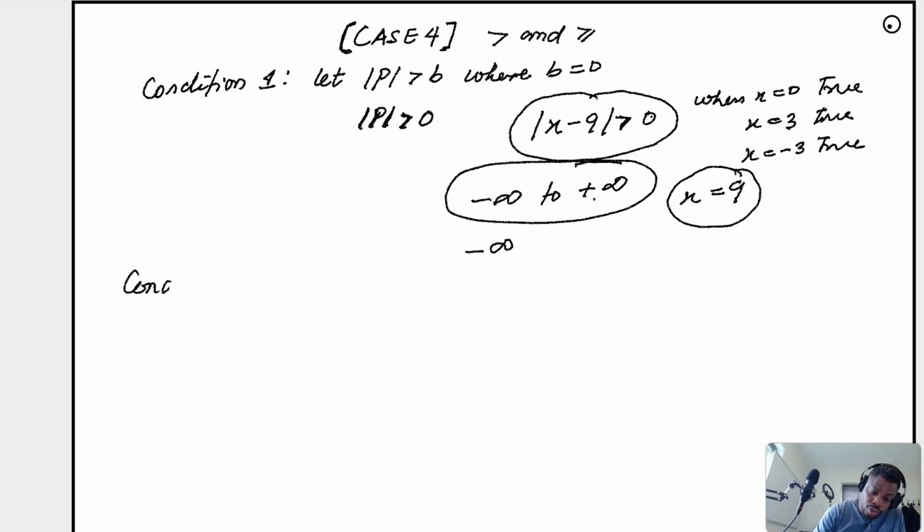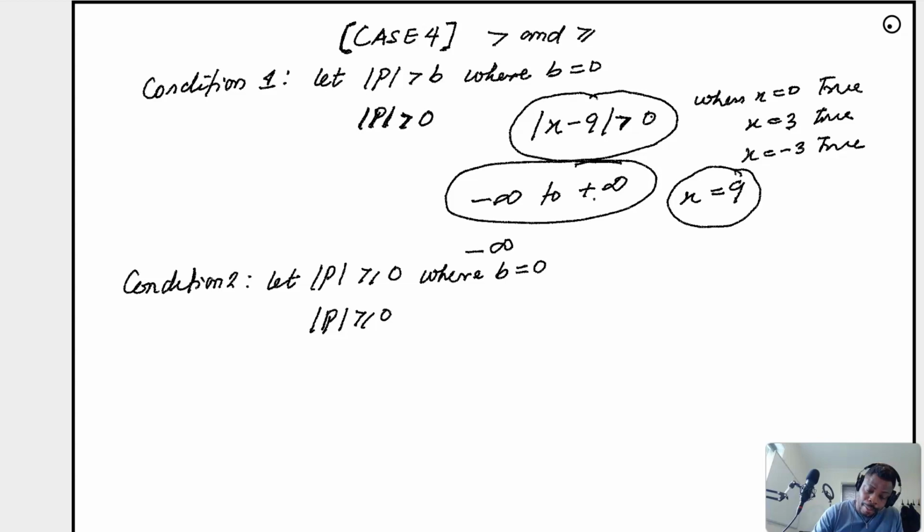For condition 2, let modulus p be greater or equal to b, where b is equal to 0, that means the modulus is greater or equal to 0. Let's do the same thing here. Let's assume modulus x minus 9 is greater or equal to 0.